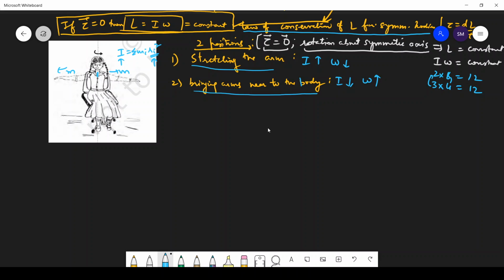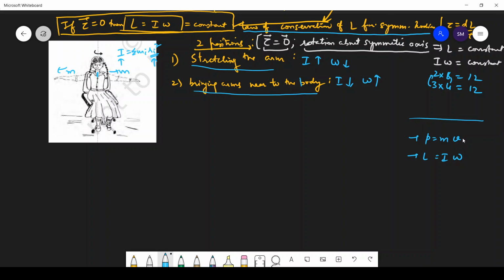Now we have one more formula we have derived, that is L is equal to I omega, and you can see that P is equal to mv in linear motion and in rotational motion, instead of linear momentum we have the angular momentum, and instead of m I have moment of inertia, and instead of linear velocity I have angular velocity or angular speed.